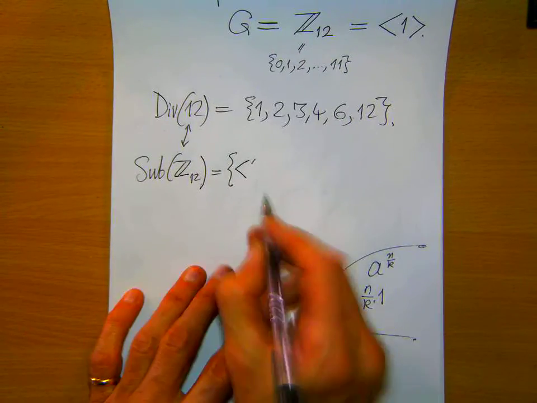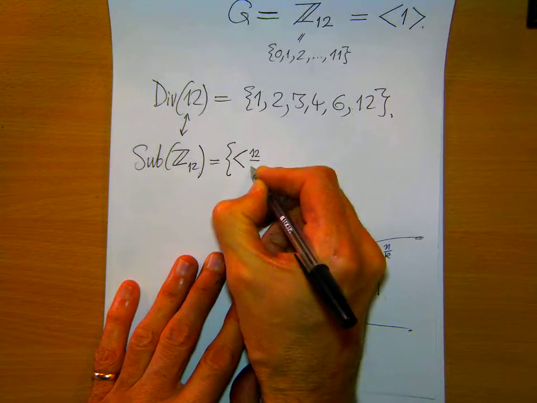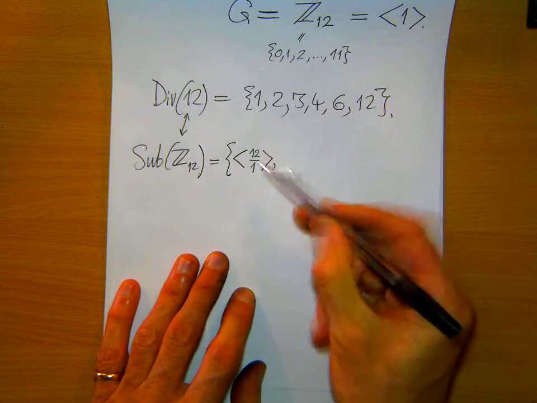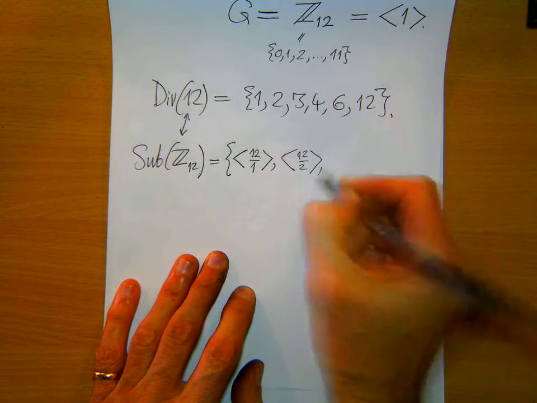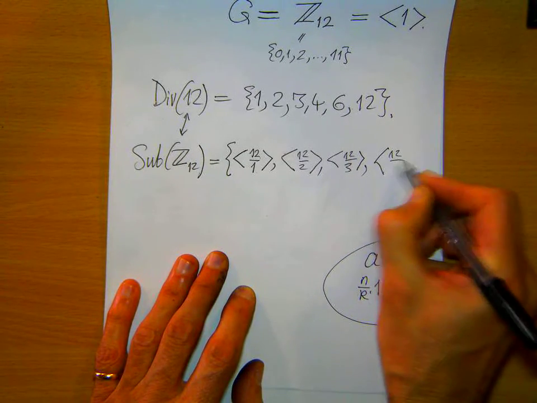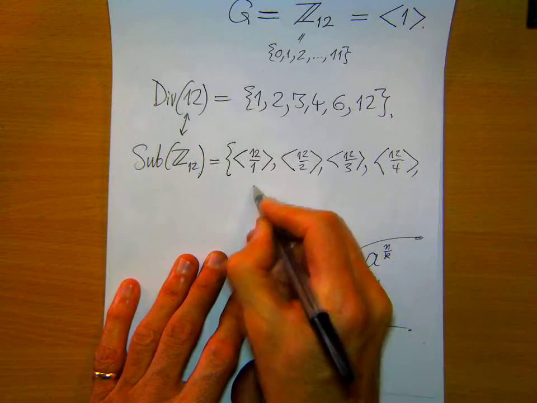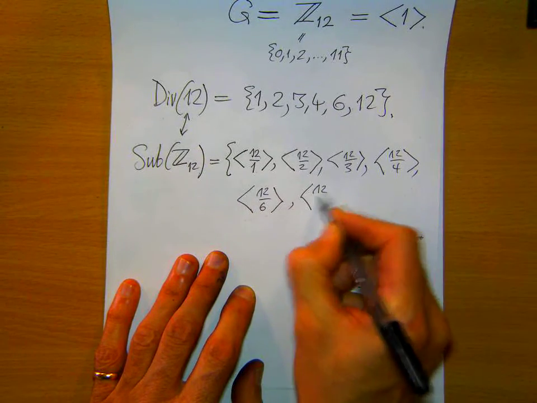So I'll be slightly sloppy and write this as n over k: 12 over 1, 12 over 2, 12 over 3, 12 over 4, 12 over 6, and 12 over 12.